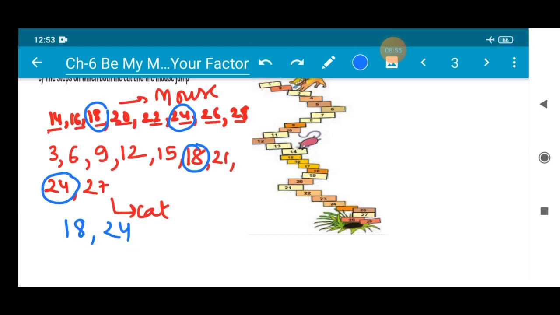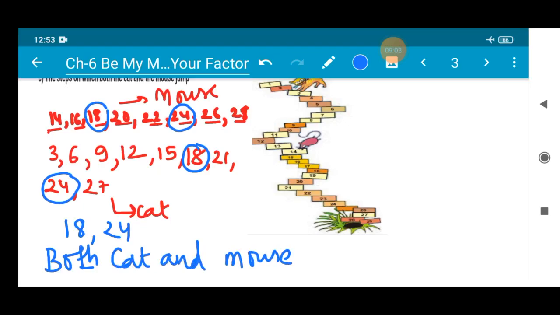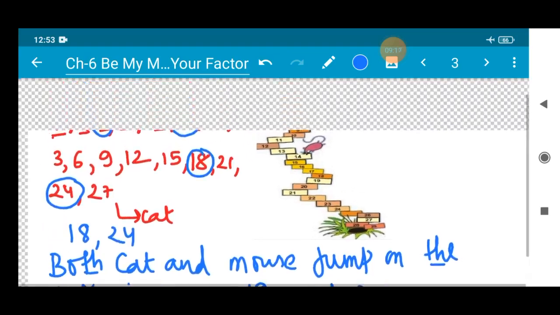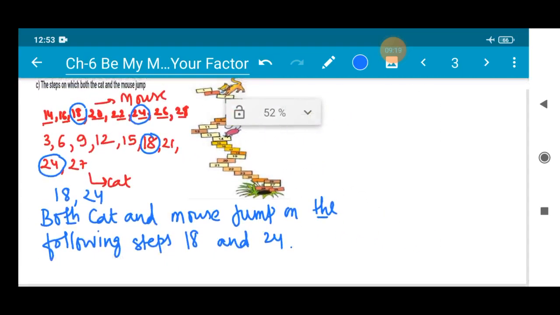So you are going to write like this: both cat and mouse jump on the following steps, 18 and 24. It doesn't mean that they met at 18 and 24.